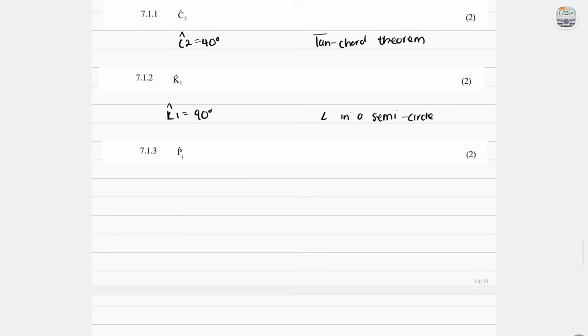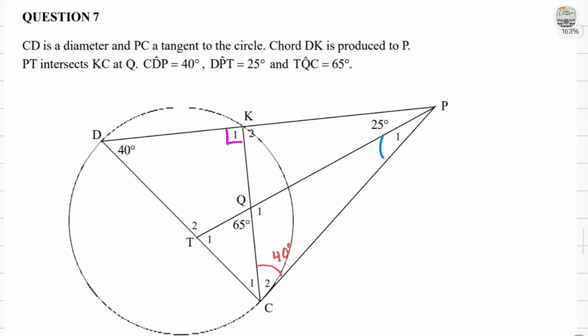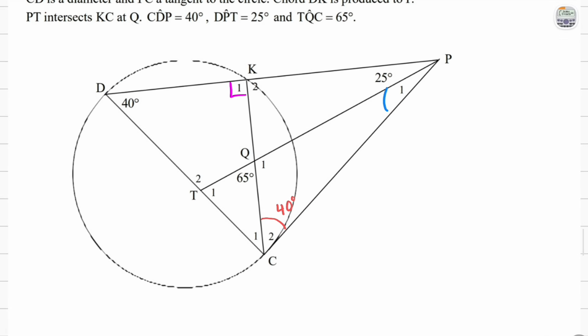Question 7.1.3 says we need to find the size of angle P1. So that is this angle over here. Look at how we can find this. I can see that they're using triangles here. So if you look at this triangle, extend this line, do you see how that 65 degrees is the exterior angle of this triangle? The exterior angle of a triangle is equal to the sum of the two opposite interior angles.